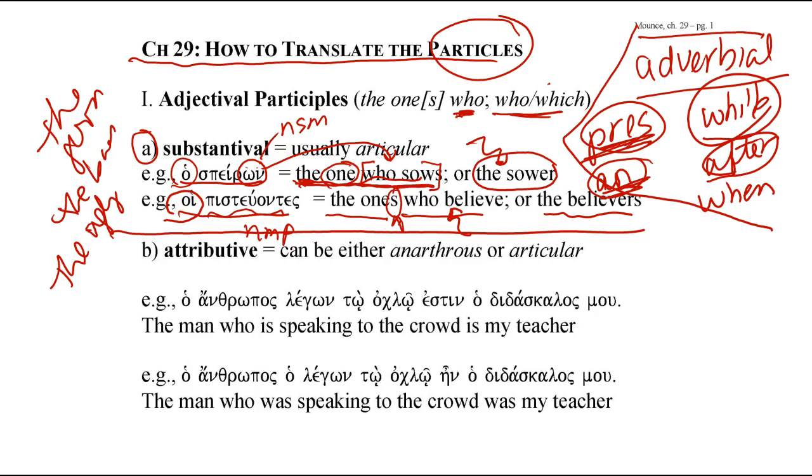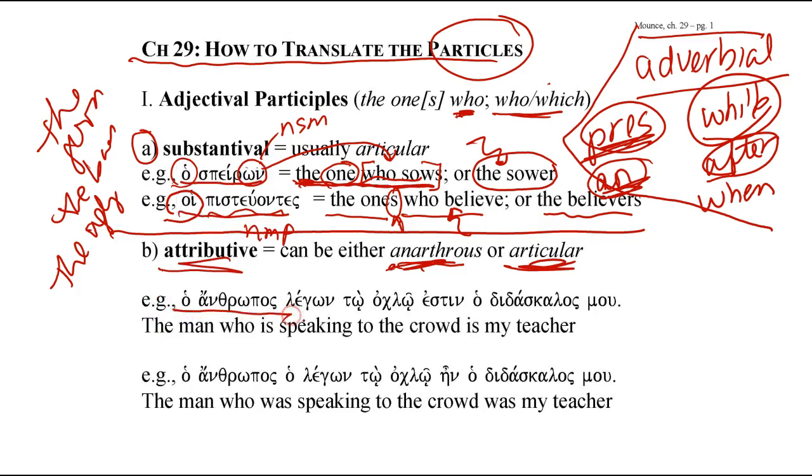But also, it can be used as an adjective. It can modify something, and when it modifies something, it can either use the article, articular, or not use the article, anarthrous. So anarthrous means without the article, articular means with the article. So let's look at this example.